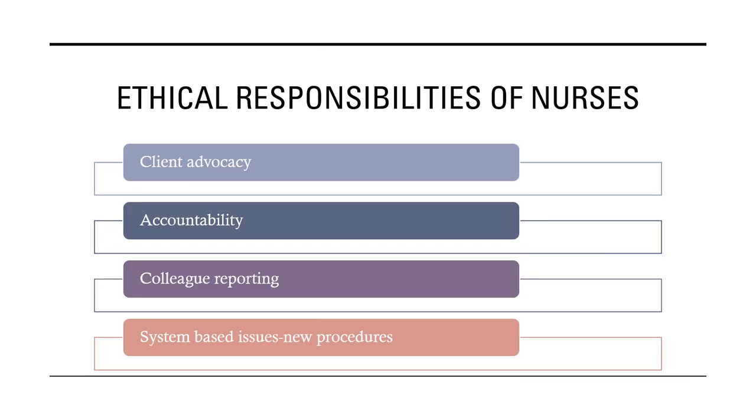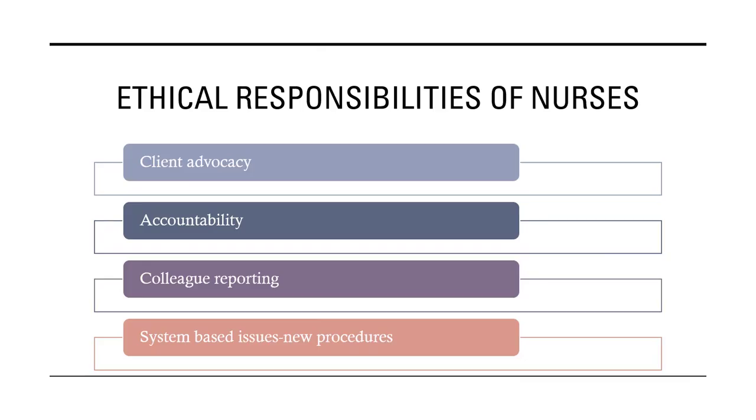Accountability means that you are answerable to yourself, to your assigned client, and their family. Sometimes they do have power of attorney, which is a legal document, and so we have to respond to and communicate with that family member. Client safety reporting includes reporting a peer, supervisor, or any team member for behaviors that are potentially harmful to the client.